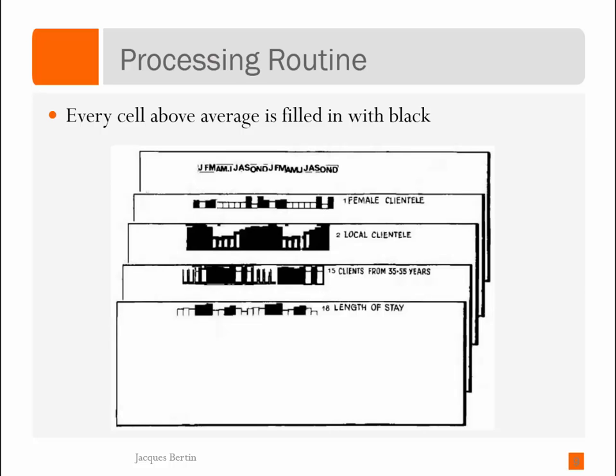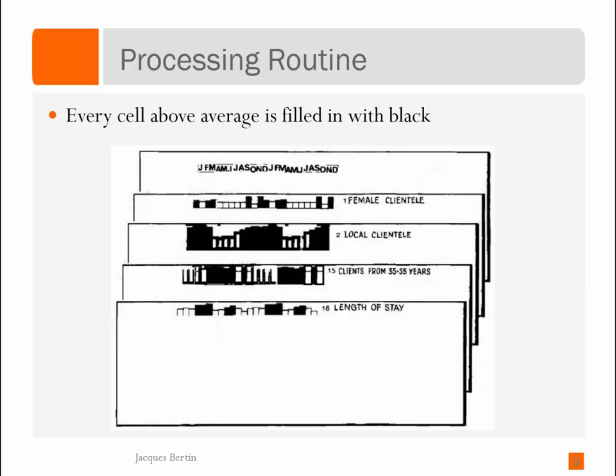What Bertin does here is he gives us a fairly simple but also very effective processing routine, where we take the mean of each of these rows, for example, female clientele bookings or local clientele bookings. We take all of the measures for that particular row and we find the mean.